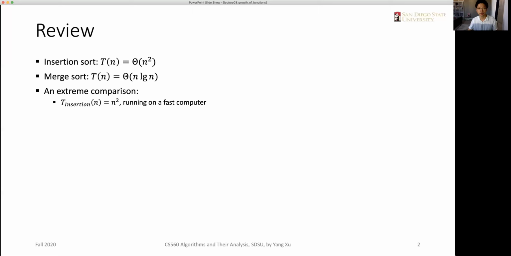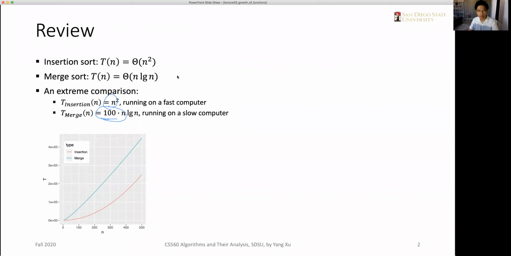Here we use the coefficient 1 to indicate that it's a pretty fast computer, which brings very little constant overhead. For merge sort, we assume that it's running on a very slow computer, which brings in a very large constant factor, which is 100 here. So the running time for merge sort is 100 times n times logarithm of n. We want to use this extreme comparison to show the advantage of merge sort.